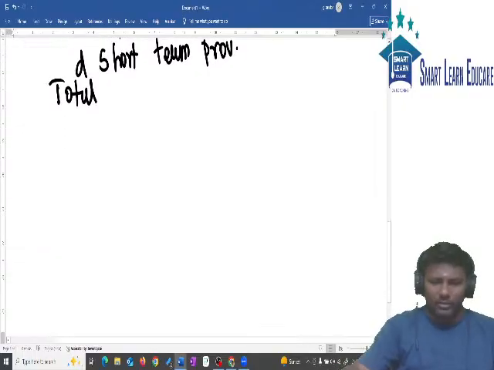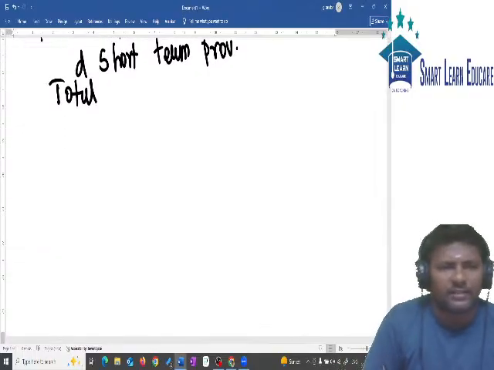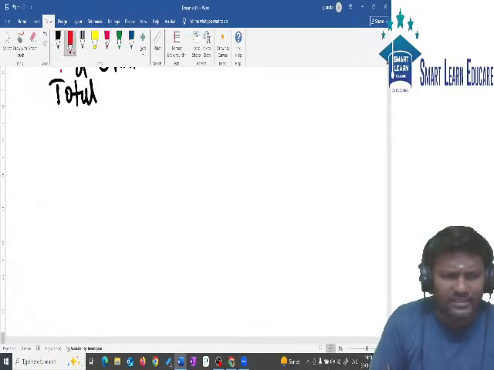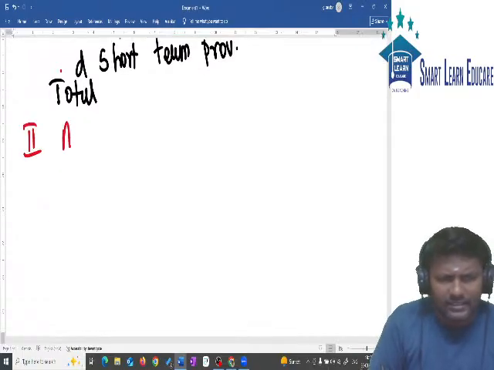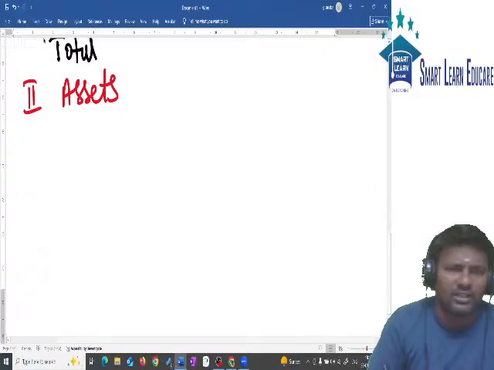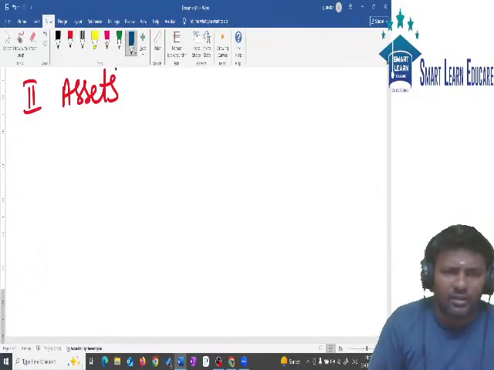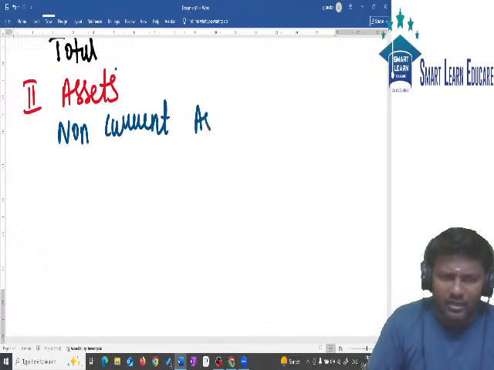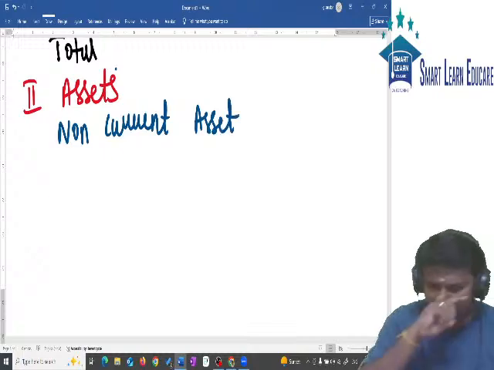Now proceeding to the asset side. In the asset side, the first major item is assets. In assets we have just two classifications: one is non-current asset, another one is current asset.